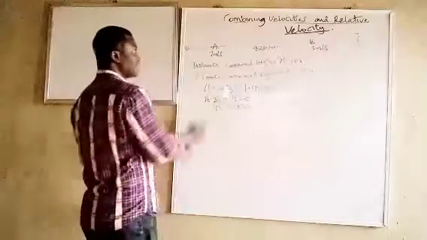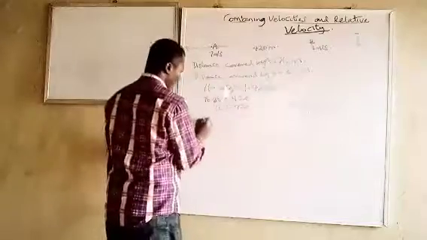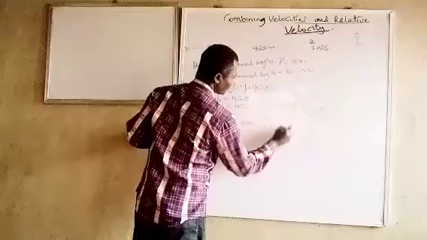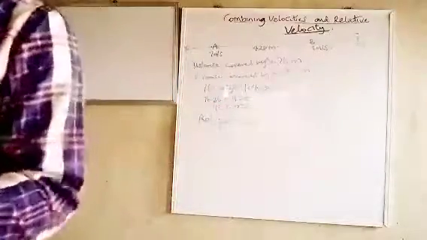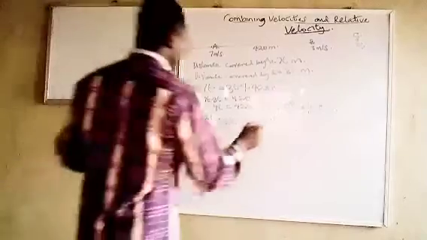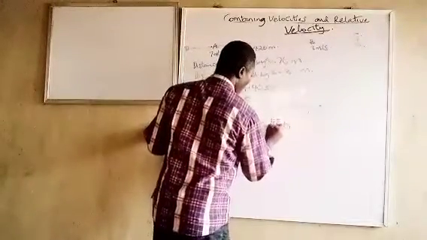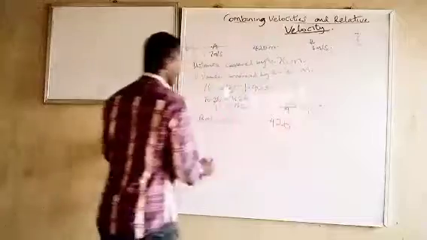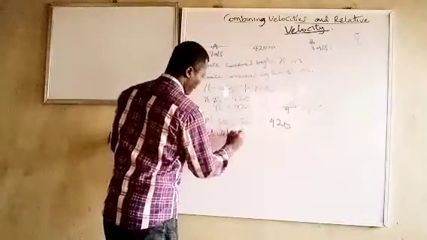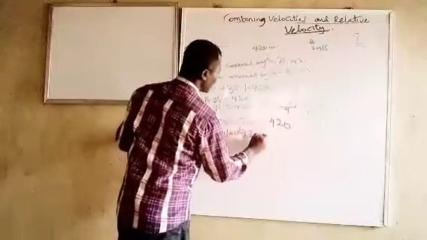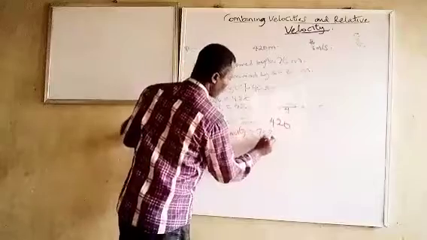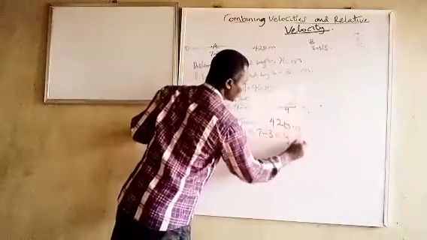Now let's see if we want to use the knowledge of relative velocity. The relative position between them is 420. Now, relative velocity is equal to 7 minus 3, which is equal to 4 meters per second.